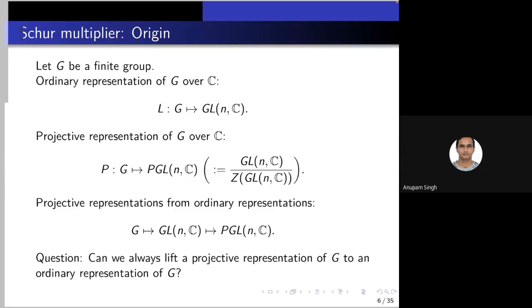By an easy example, one can see that this is not always possible. Take the identity map from PGL_n(C) to PGL_n(C). Instead, what Schur discovered is that there is another group G star such that every projective representation of G can be lifted to an ordinary representation of G star in some sense.